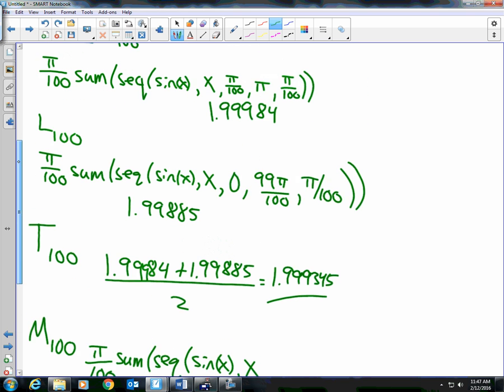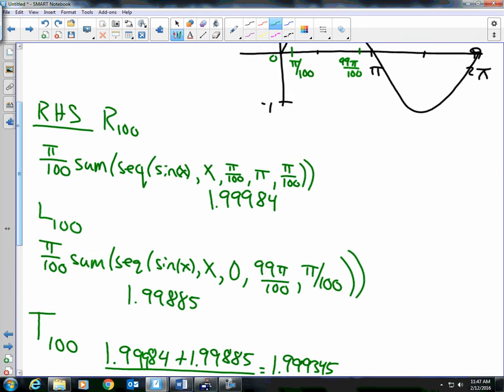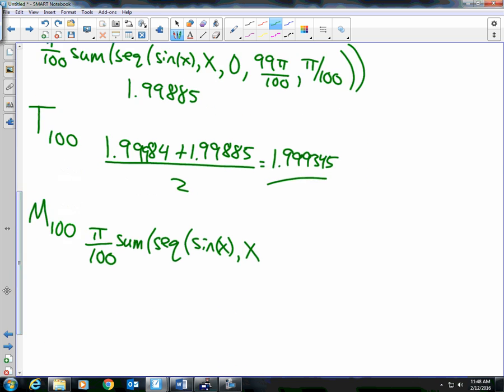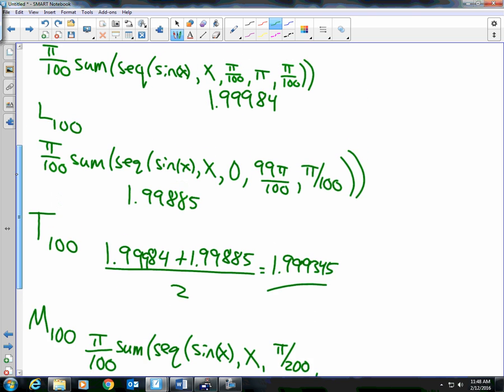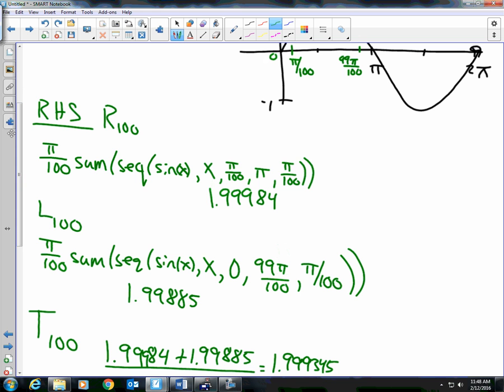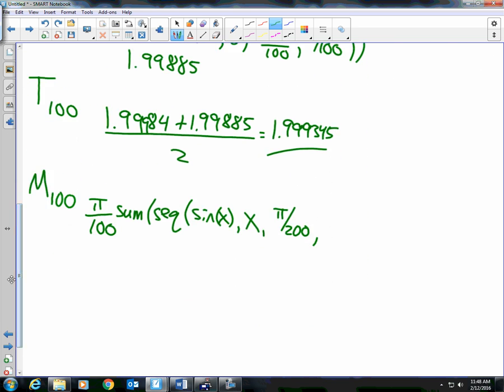Now here's where you have to think about it. Look at what I drew. What's halfway between 0 and pi over 100? Pi over 200. And then if you back off from the last spot, pi, by pi over 200, what would you get? 199 pi over 200. And if you type that in, that will give you your midpoint, which is exactly where we ran out of time for the last class.